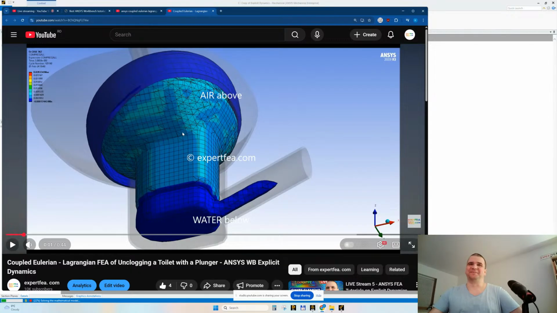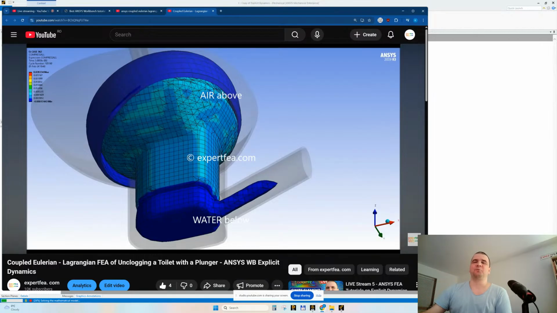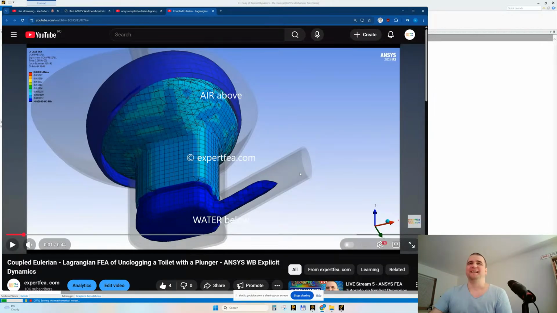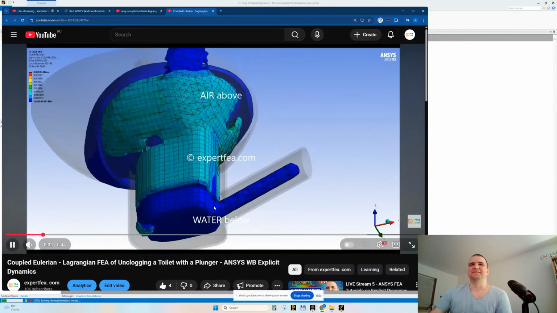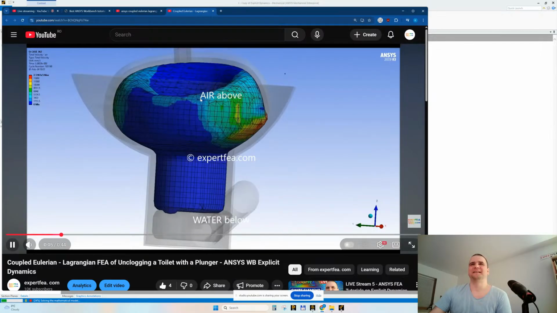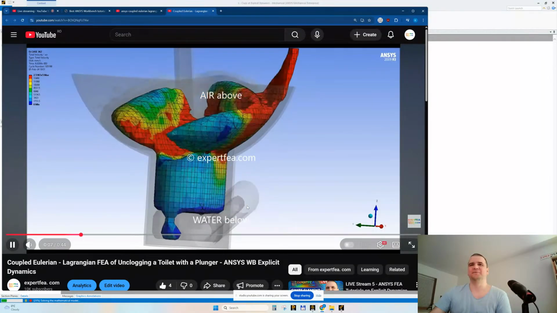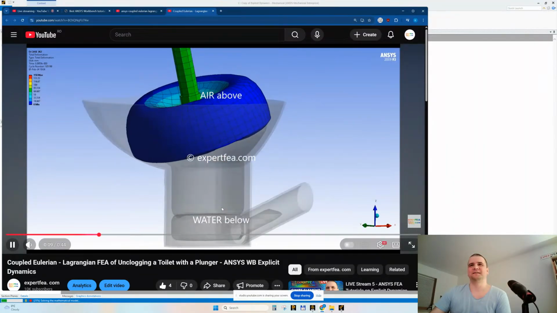Oh my God, it's so complex. And this is water. And this plunger will compress the air, which will push the water. It's so complex, but I will show it. Look, something like this. This is air, and this is water.